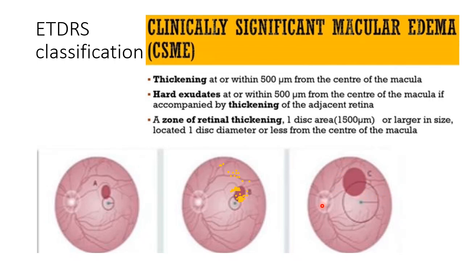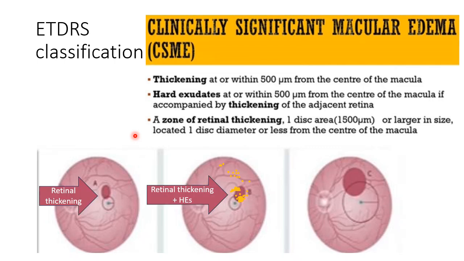You see this is larger than the disc area, right? Any part of which falls within this circle, that is one disc diameter or less from the center of the macula. So you have to memorize this. If you cannot understand, you have to memorize anyway. That's ETDRS classification, retinal thickening plus hard exudates, and retinal thickening. So basically you have to consider both the things.